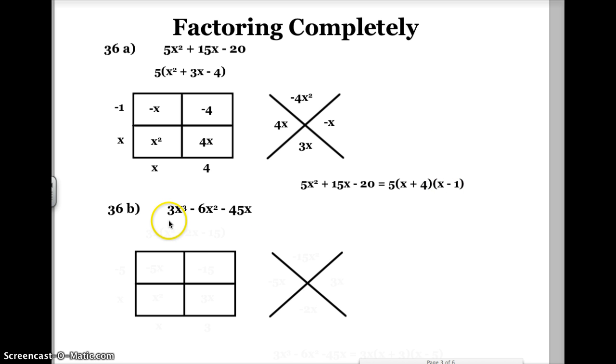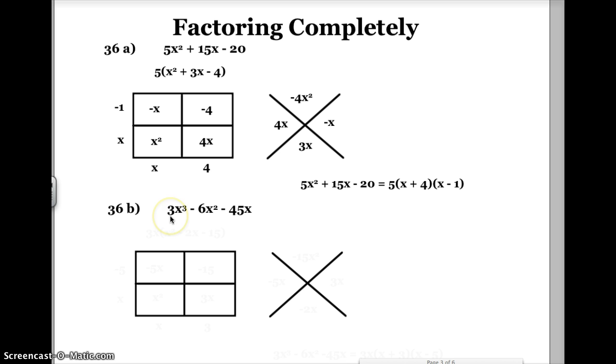Now this one I have a 3x cubed minus 6x squared minus 45x. Now this has two things in common. All these terms have an x in them, and they're all factors of 3.